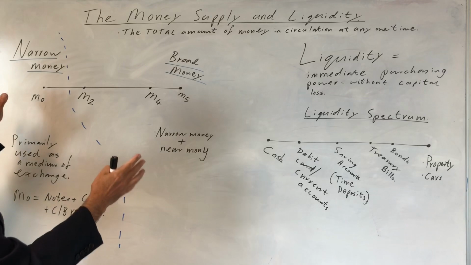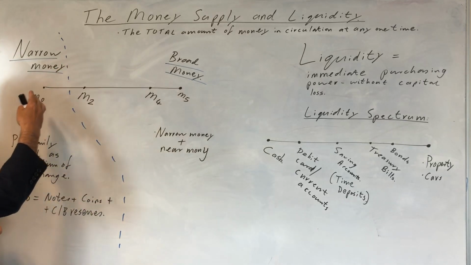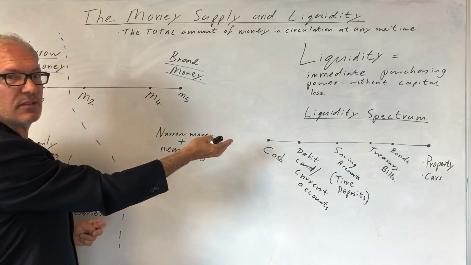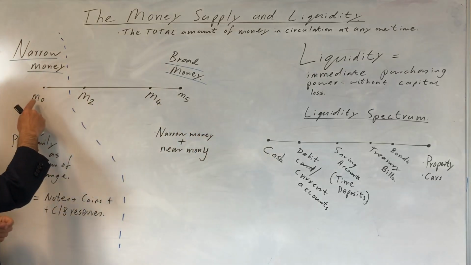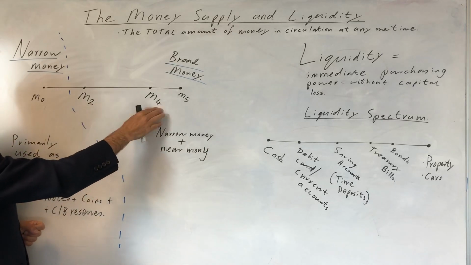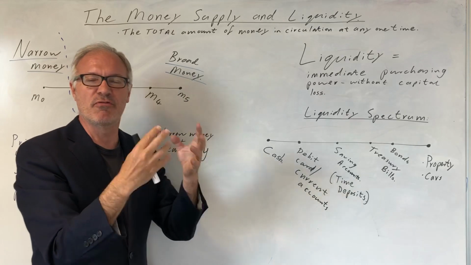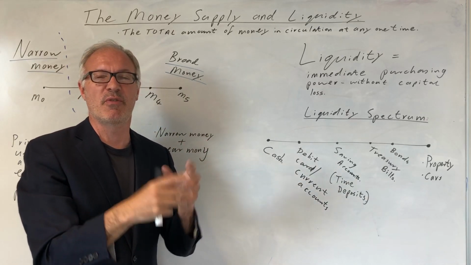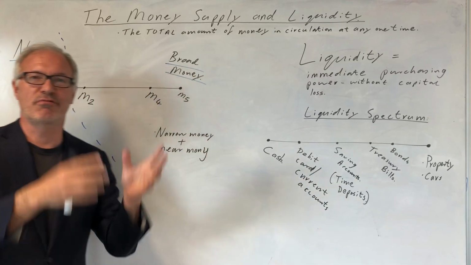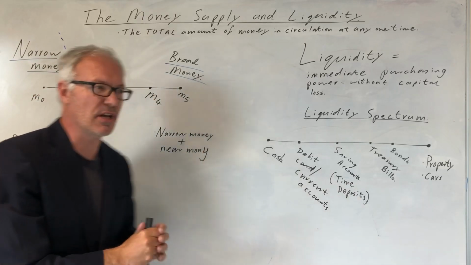We could have a narrow definition of money, or we could have a broad definition of money. On the board, these aren't motorways in Britain like the M2 or the M4. They're different definitions of the money supply that the Bank of England has, and different central banks have different definitions of the money supply.